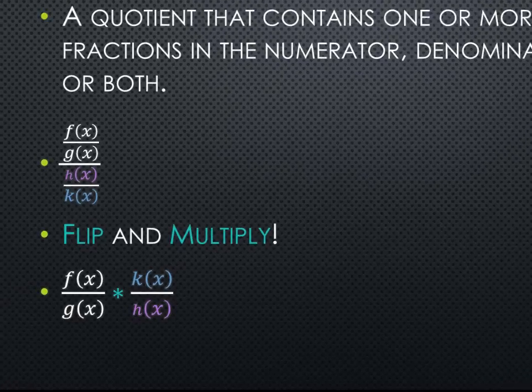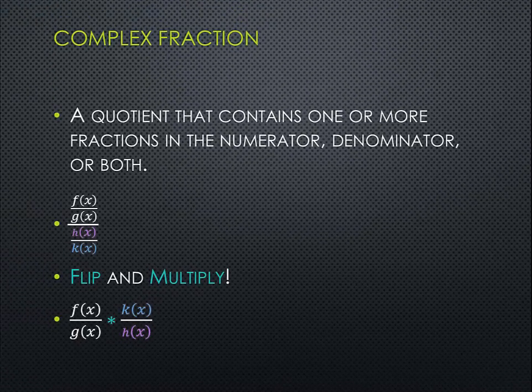Yay! Oh, and then last slide, complex fraction. It's a quotient that contains one or more fractions in the numerator, denominator, or both. So if we have f of x over g of x divided by h of x over k of x, this sign right here just means divide. So we can rewrite that horizontally.